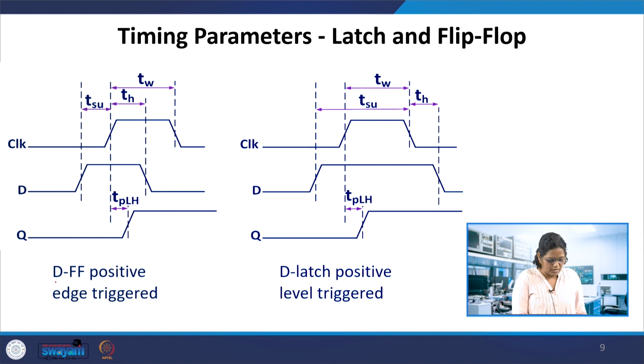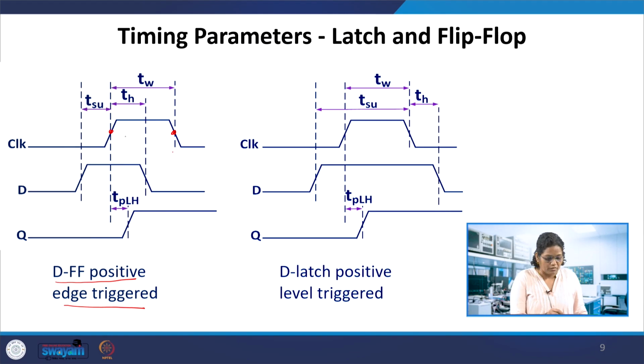Considering this positive edge triggered D flip flop, the clock in this diagram is given with a slope, and this clock edge at 50% is considered as the reference point. Similarly, when it is going from high to low, the 50% point of the transition is taken as the reference.